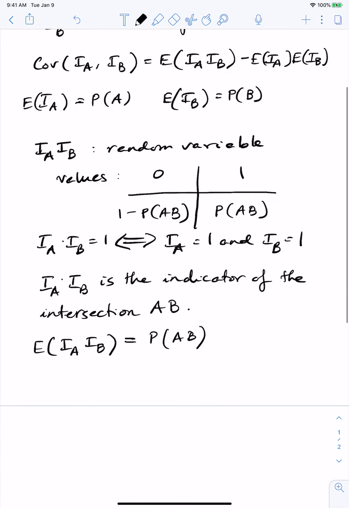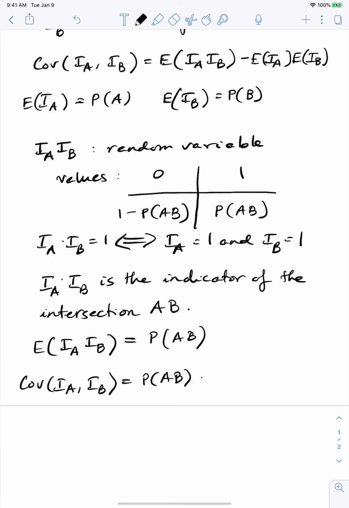And hence, the covariance of the two indicators is the chance of the intersection minus the product of the chances, and that is following from here. Great, we have a calculation.